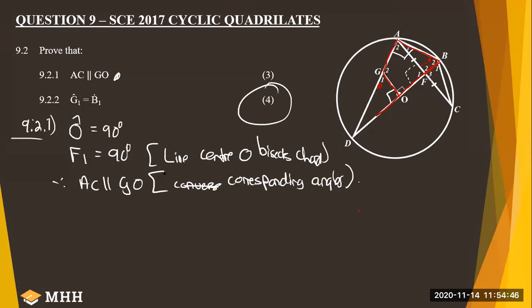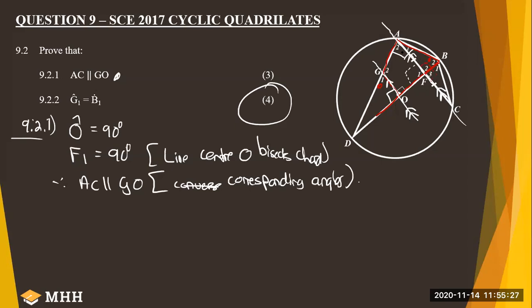Okay, G1. Let's see if we can say anything about G1. Right, so if we are stuck, okay, I see it now. I was a little bit stuck, and then I remembered, what did we just prove in the previous question? In the previous question, we had to prove that these two lines are parallel. And I made the classic mistake of not filling in everything on my slide. So if these two lines are parallel, what can I say about G1?